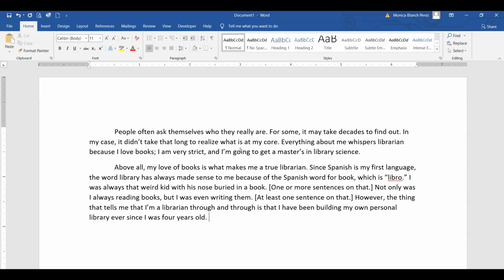However, the thing that tells me I'm a librarian is that I've been building my personal library ever since I was 4 years old. I have my own reference section with encyclopedias. Yeah, I can't believe I got that right. And dictionaries. There's the fiction section.